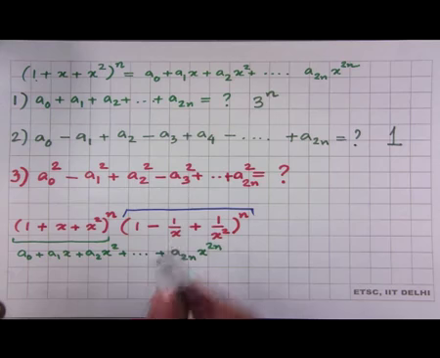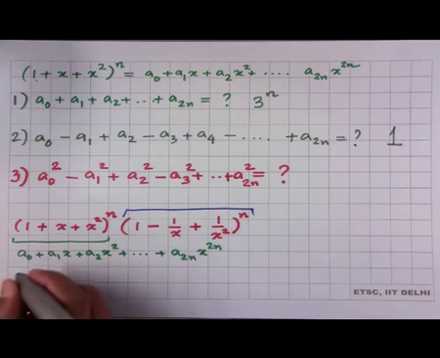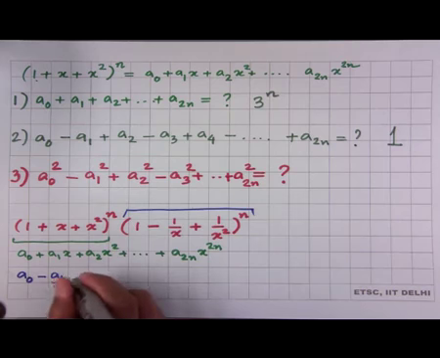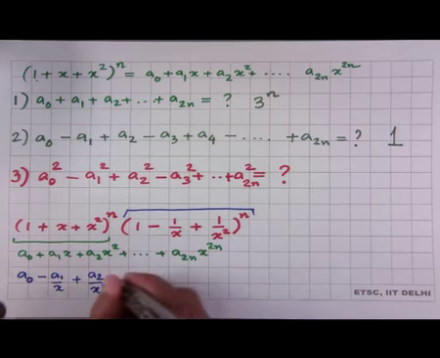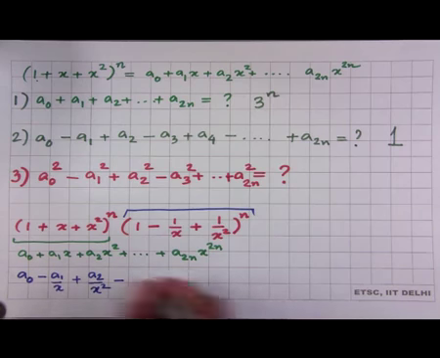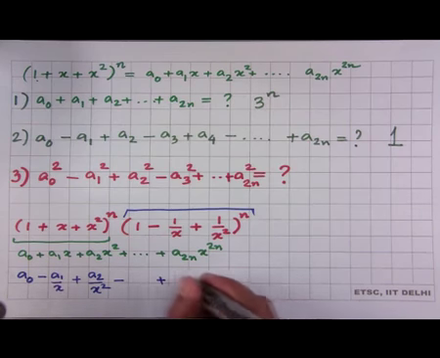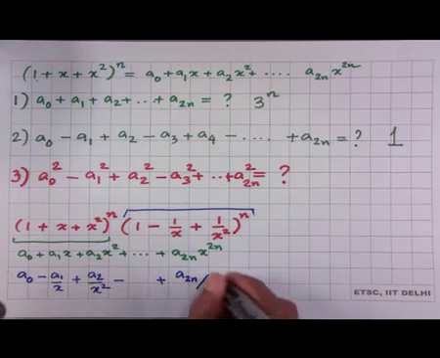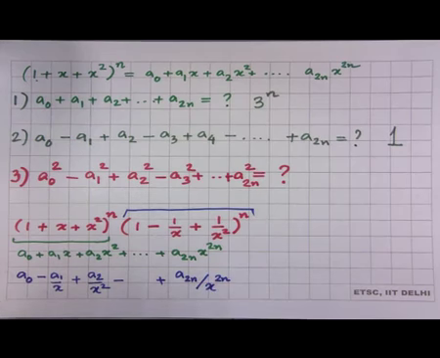So if I write minus 1 by x instead of x, I get a naught minus a1 by x plus a2 by x squared minus and then plus a2n by x power 2n. Okay, that is the second term.